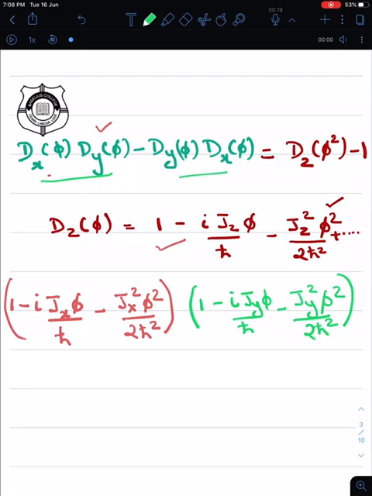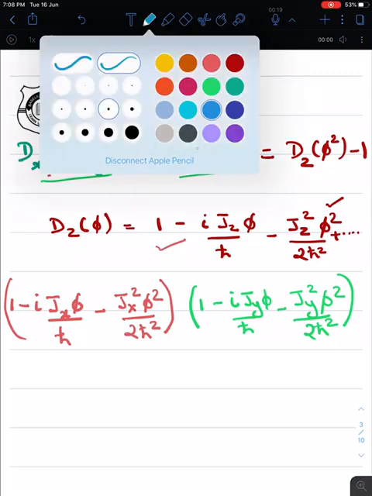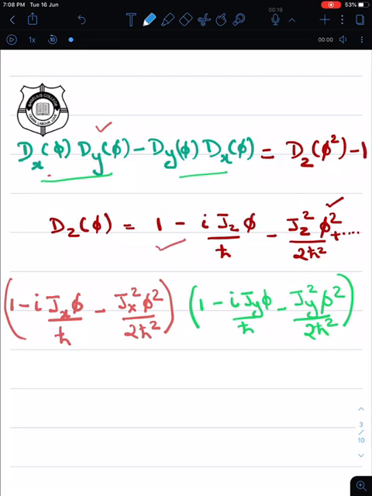Again we have to do this, and remember that the position is important: Jx Jy is not equal to Jy Jx. So again we have that minus here, into Dy(phi).